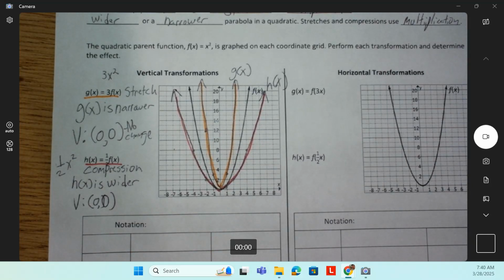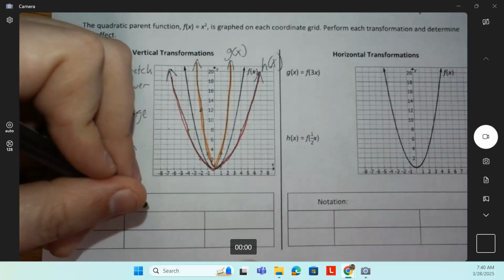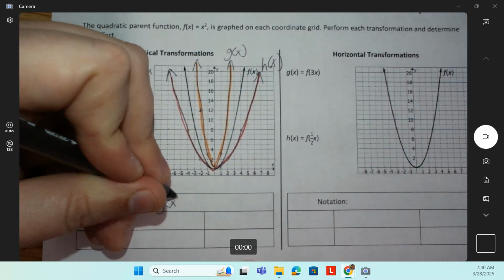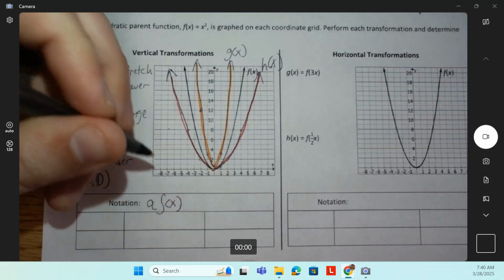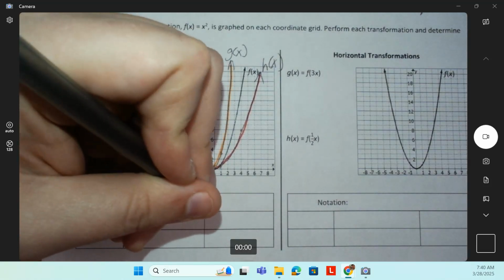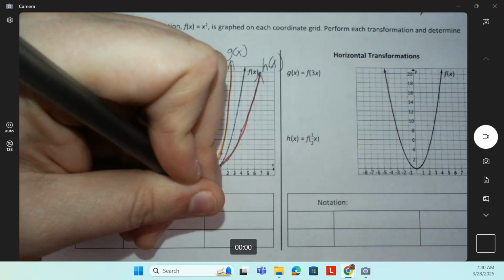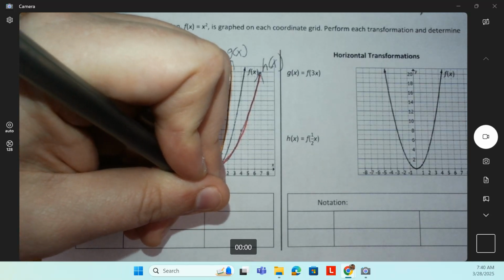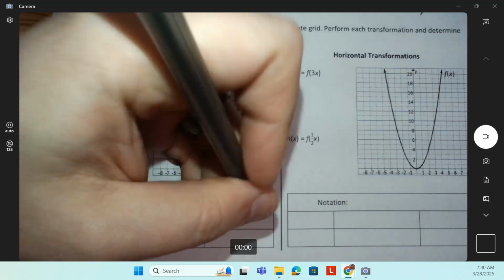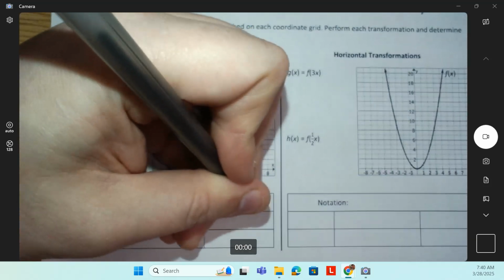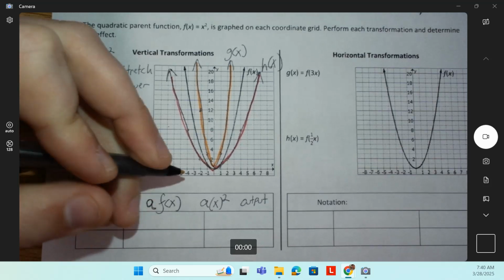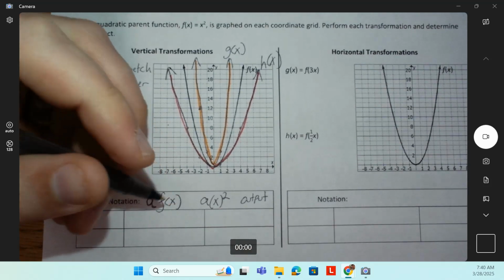So, for our notation, if it's a times f of x, or a times x squared, remember it's outside the parentheses that a is, so it's going to be the output.